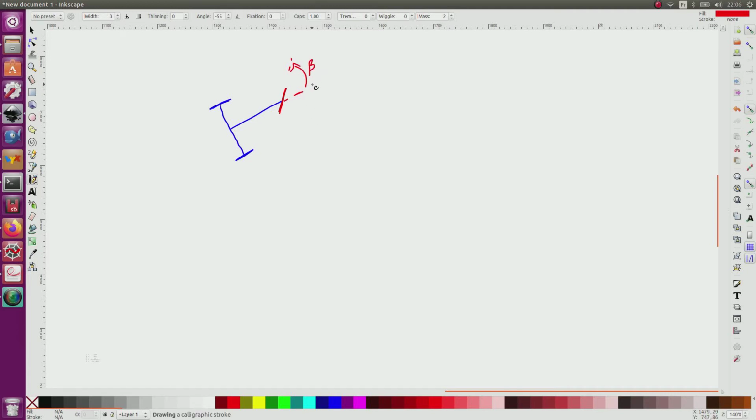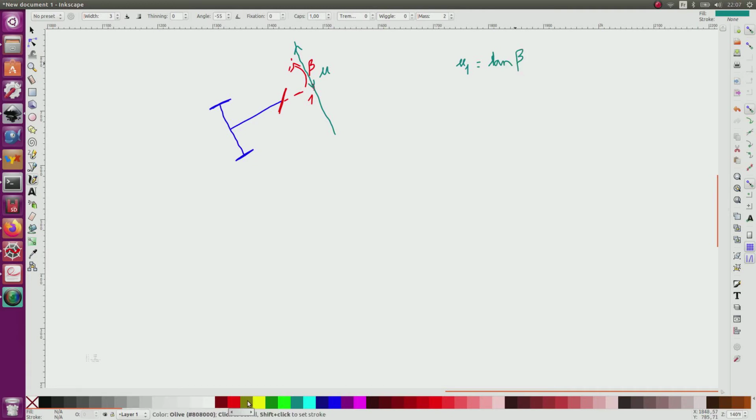If here I take 1, the input is considered as this distance. So this corresponds to U1, and U1 is related to beta as tangent of beta.